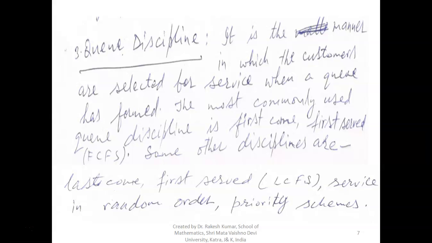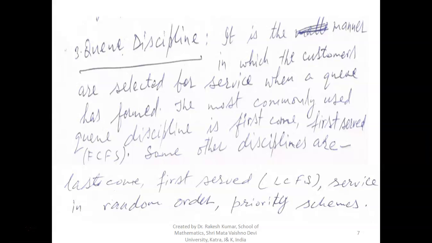We can see the last come first served queue discipline in inventory stores, where the items which are put first are taken out last, unloading of trucks, etc. There also we find these kinds of systems.